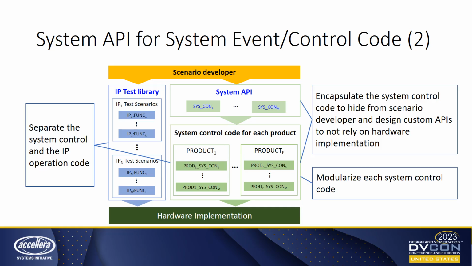So, a scenario developer can write a scenario regardless of differences between products by using this API. If the internal code of the system control operation is changed, we do not need to modify the test scenario. The effect of the operation change is reflected in all test scenarios.